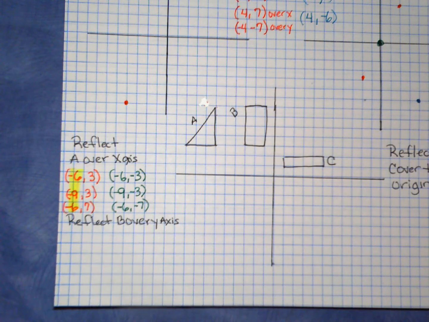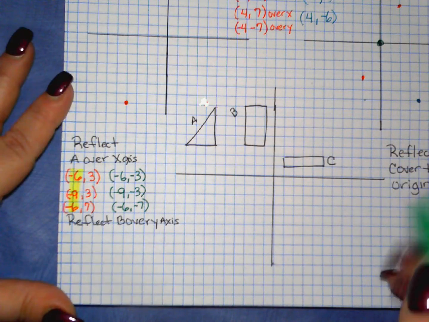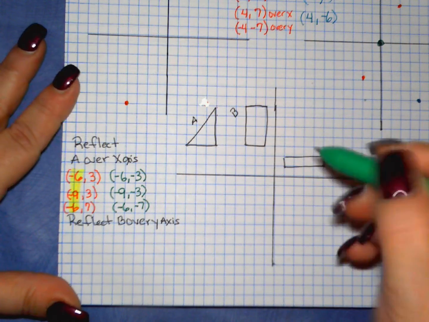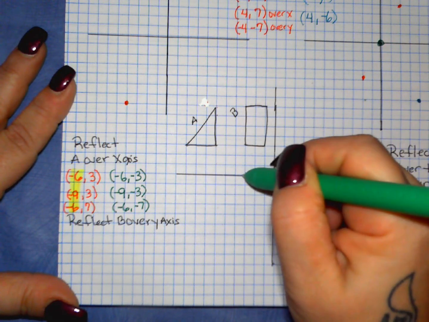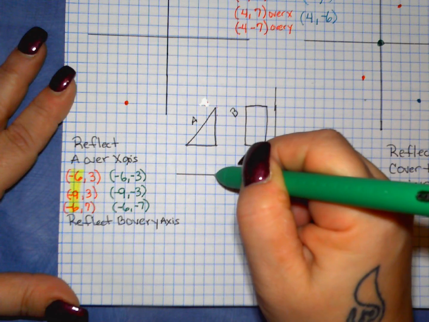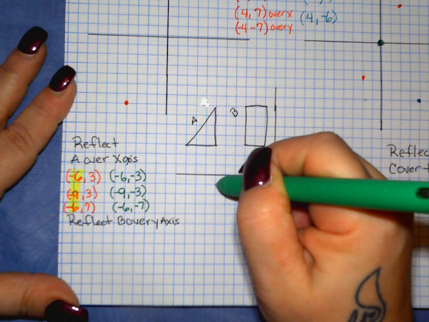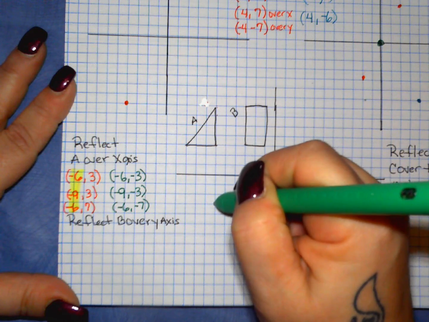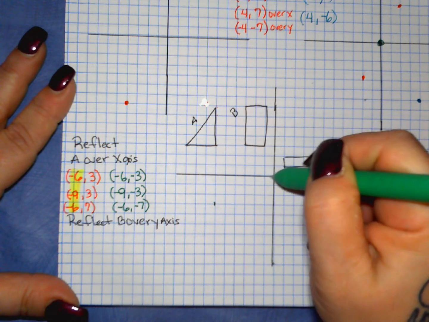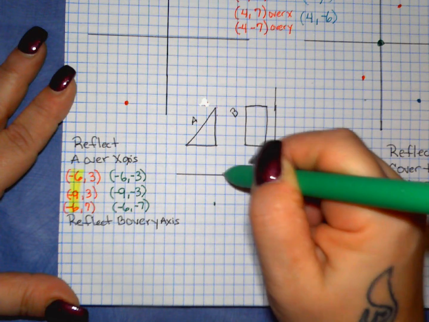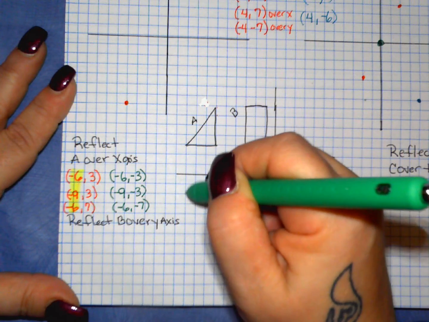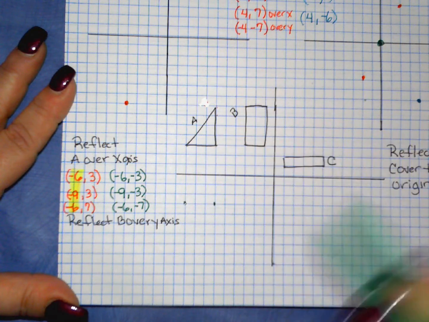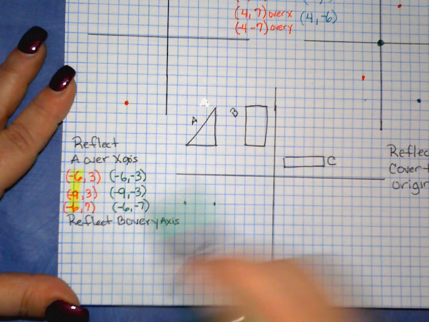All right, so let's go ahead and draw it and see if it's a reflection. I'm going to -6, 1, 2, 3, 4, 5, 6, and I'm going to -3, 1, 2, 3. There's my first one. Next one, 9. 1, 2, 3, 4, 5, 6, 7, 8, 9, and down to -3. There we go. And then I'm doing my last one, -6, -7.